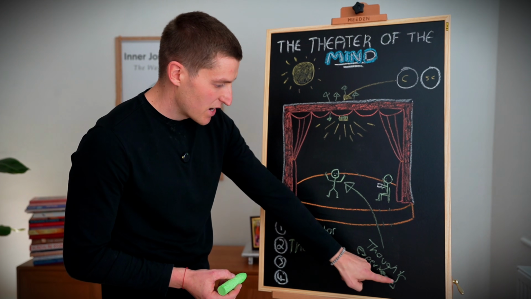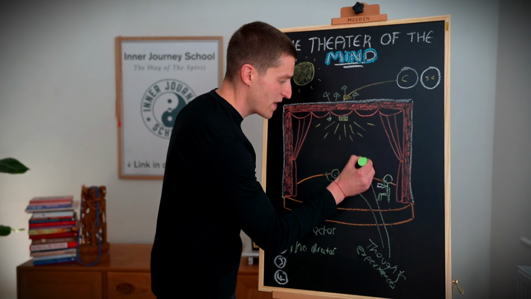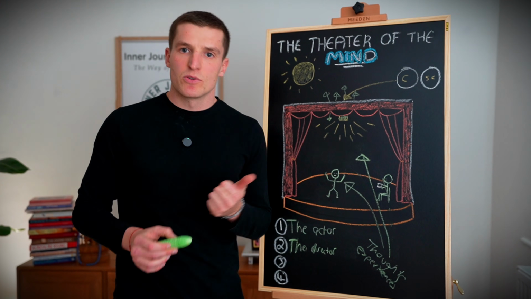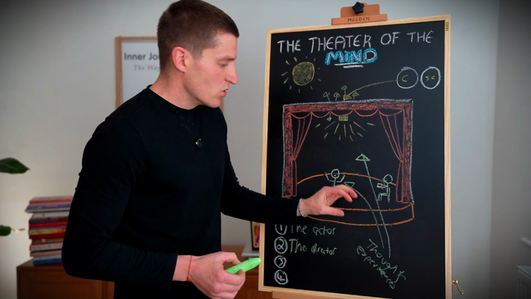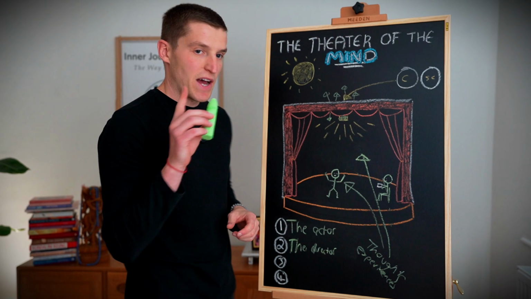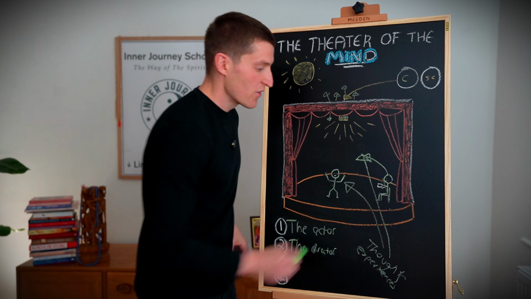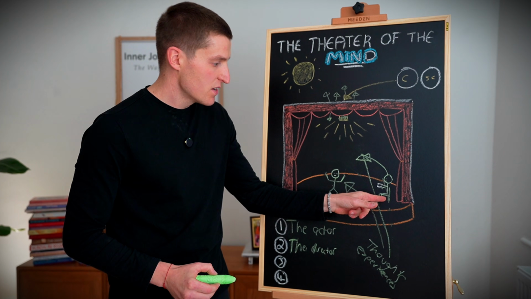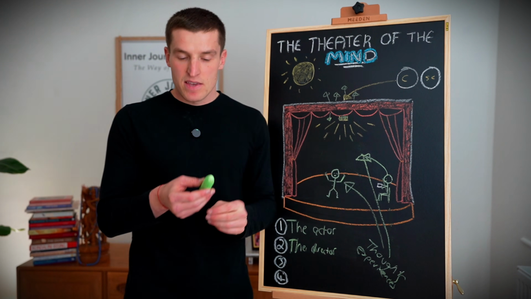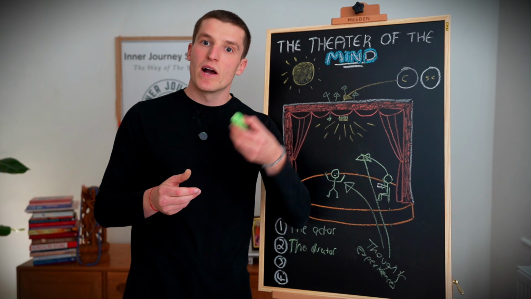Well, let's take the idea of thoughts entering the field of the mind. A thought enters the field, and that thought might be, I might go to the gym tomorrow. That thought is an uplifting thought. Now, what should happen is that this should be taken by the director. The director should have its hands on that thought to start with and say, yes, that's going to aid me, or no, I don't need that, that's not helpful to me.